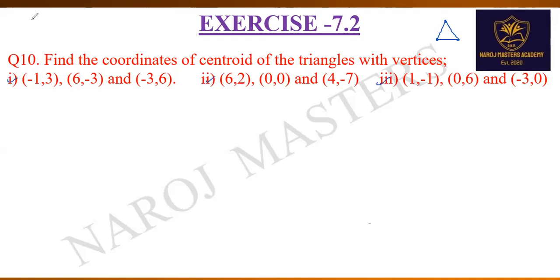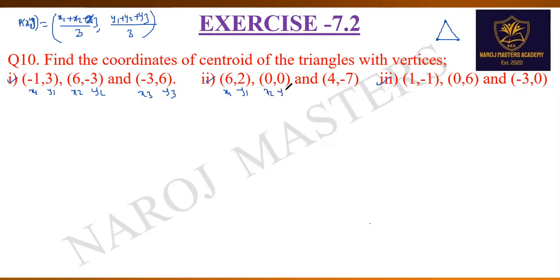So the formula is centroid is equal to p of x comma y, x1 plus x2 plus x3 by 3 comma y1 plus y2 plus y3 by 3. So this is the formula for each case.